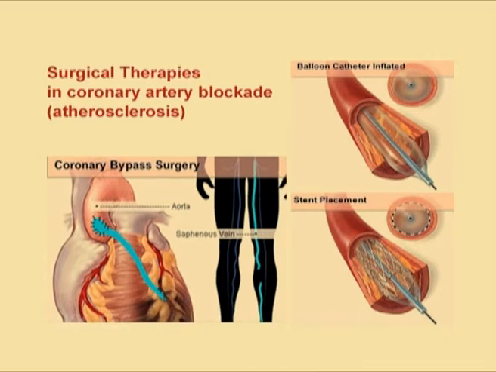Now, if there is a problem with the SA node and this problem leads to improper generation of electrical impulse, then there is an option where an artificial pacemaker is kept. Now, remember, as we had seen in the previous slides, the SA node is called a pacemaker.